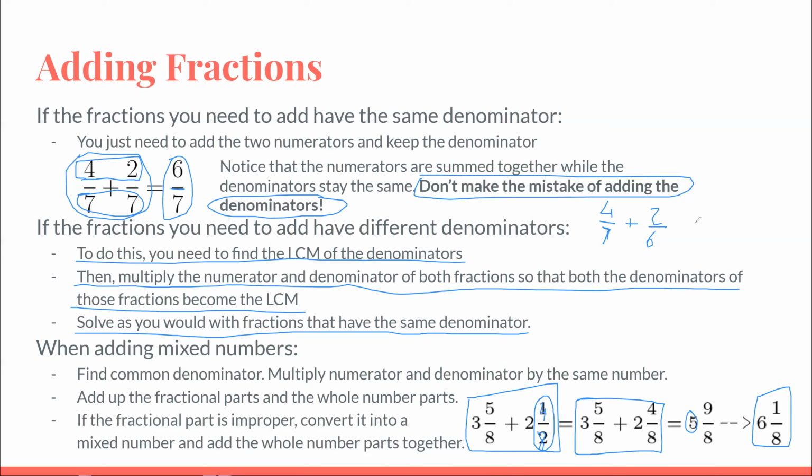So all you would do is 4 times 6 first, which would be 24 upon 42 plus, and then in this case, what you're doing is multiplying by 7. So you do 2 times 7, which is 14. And now you would just add 24 plus 14 to get 38 upon 42.